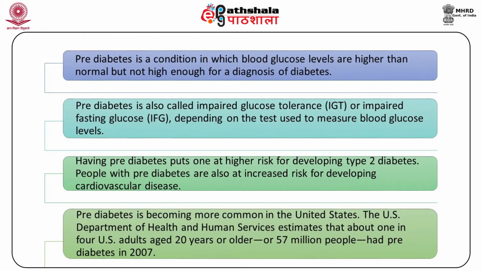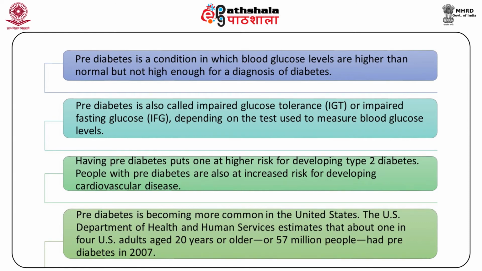Talking about prediabetes, which is a condition in which blood glucose levels are higher than normal but not high enough for a diagnosis of diabetes. Prediabetes is also called impaired glucose tolerance, or IGT, or also impaired fasting glucose, IFG, depending on the test used to measure blood glucose levels.